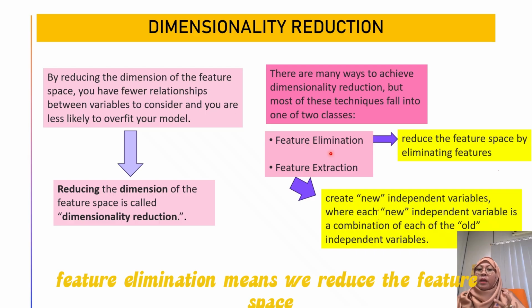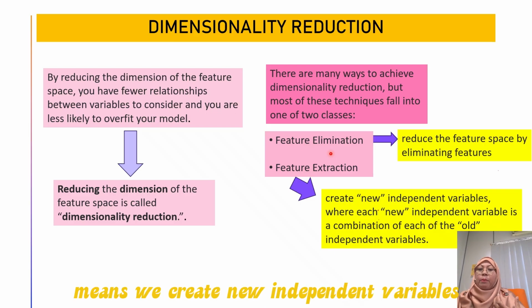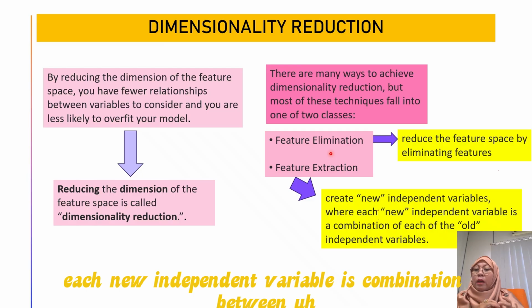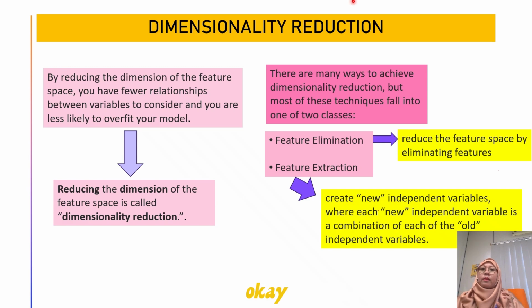Feature elimination means we reduce the feature space by eliminating features. And feature extraction means we create new independent variables where each new independent variable is a combination of the old independent variables.